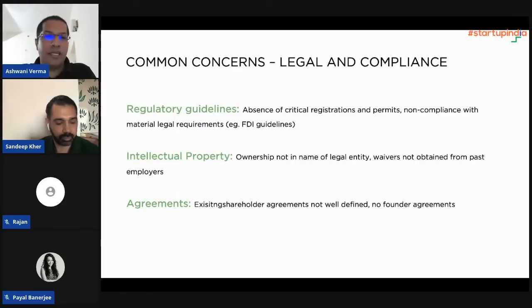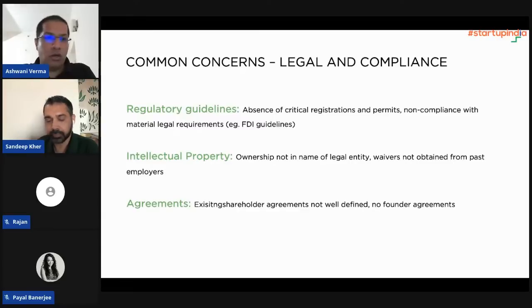This also extends to some standard trademarks, or the business names which the company proposes to use or is already using if the business operations have started. If some third party is claiming a right to these trademarks or intellectual property, then that also becomes essential to be resolved prior to the investment being made.